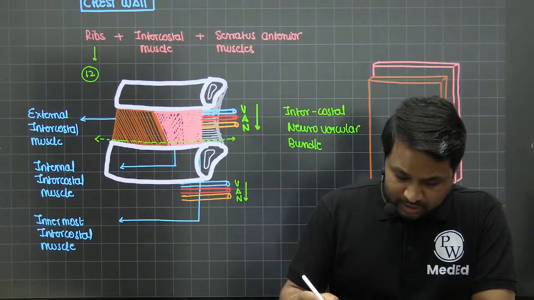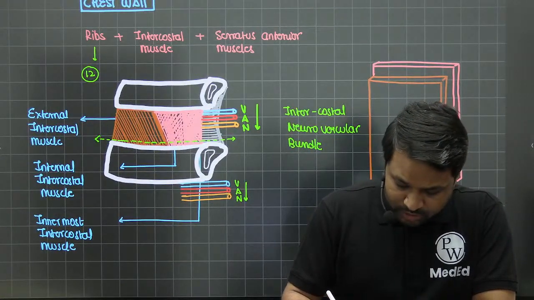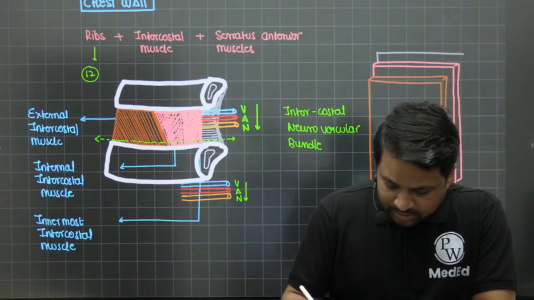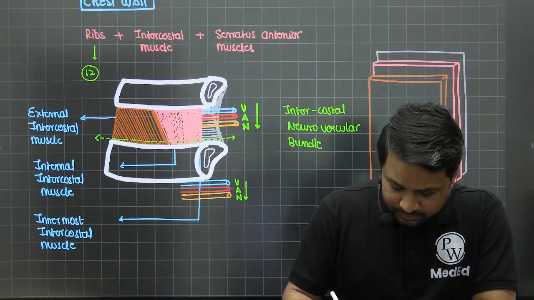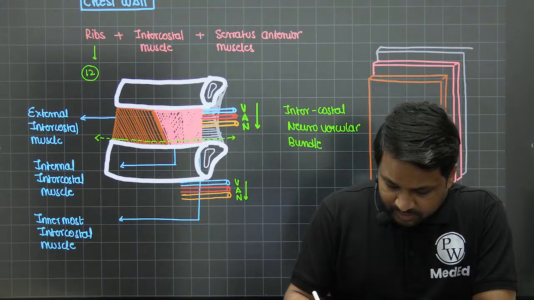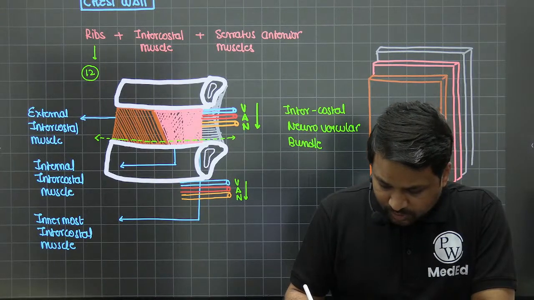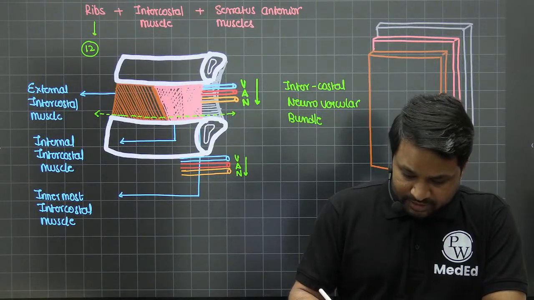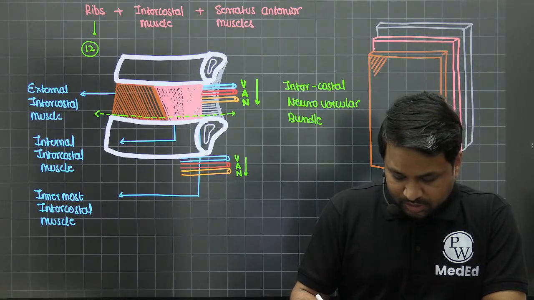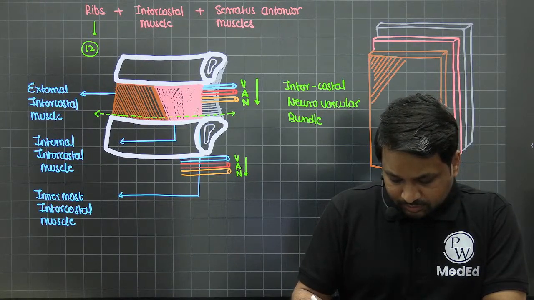After the internal intercostal muscle, you have the innermost intercostal muscle, which is here. Now, just for the sake of understanding, if I quickly label it across, this is the external intercostal muscle.